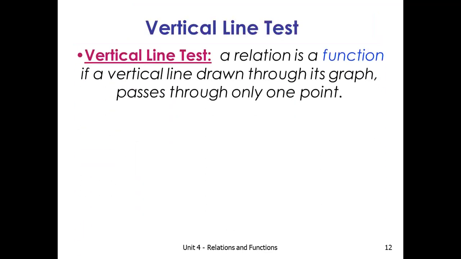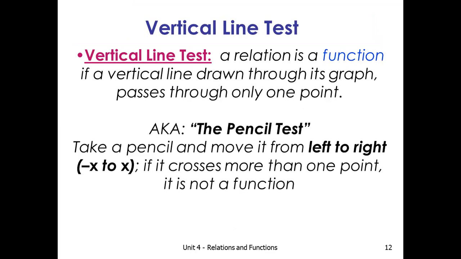Vertical line test. A relation is a function if a vertical line drawn through its graph passes through only one point. Okay. For the pencil test, take a pencil and move it from left to right, -x to x.